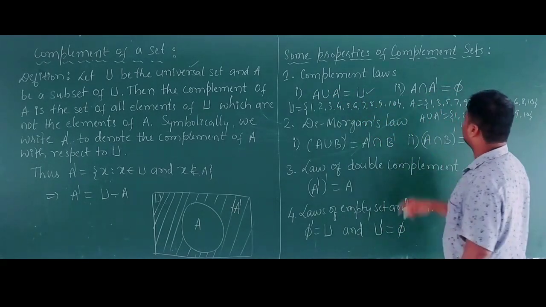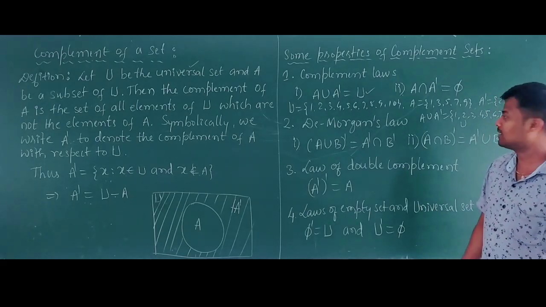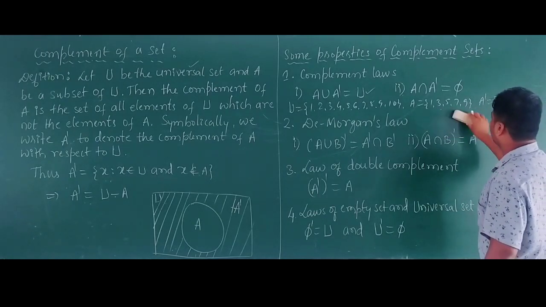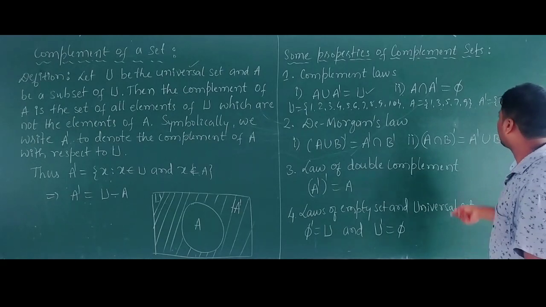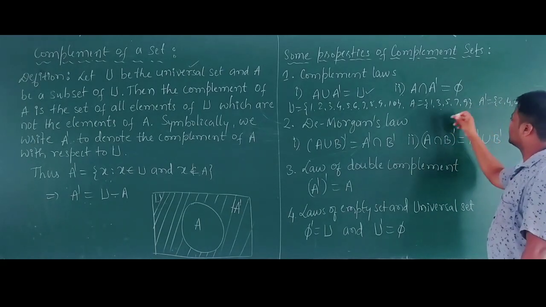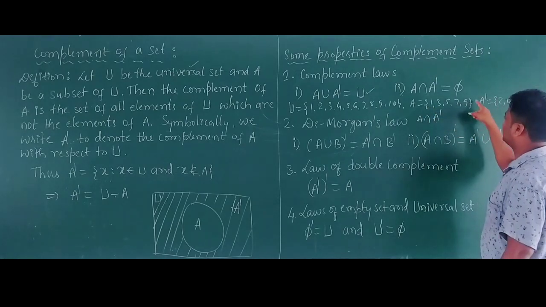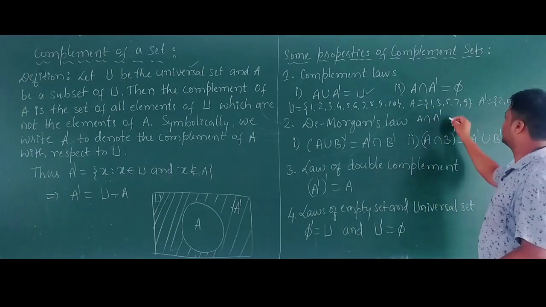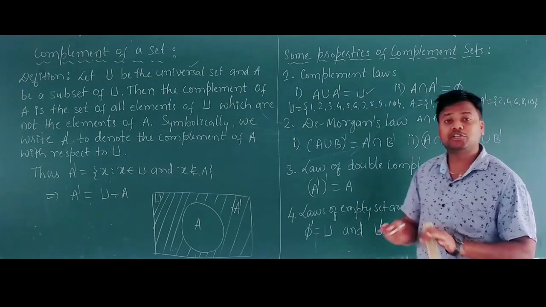The second one, A intersection A dash. Let's see what happens. Intersection means common elements. So you check here, what are the common elements in A intersection A dash? Here there are odd numbers and here even numbers, so no common elements. These two sets A and A complement are disjoint sets.